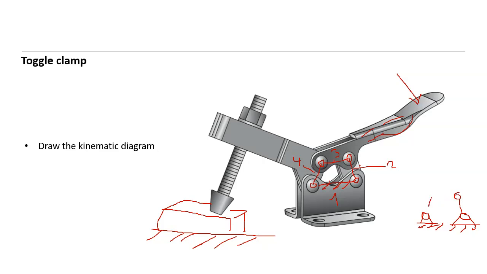We have another link here like this, and this is already, let's say, connected with this one, and this is also connected here. This one is connected with this one.